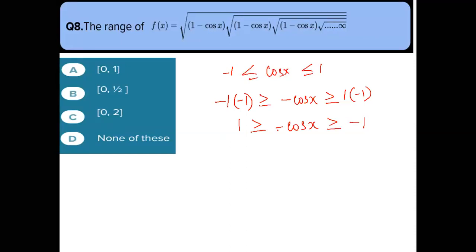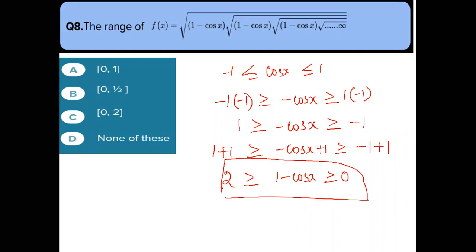Then I need 1 minus cos x, so I add 1. Minus cos x plus 1 is greater than or equal to minus 1 plus 1. So 2 is greater than or equal to 1 minus cos x, which is greater than or equal to 0.